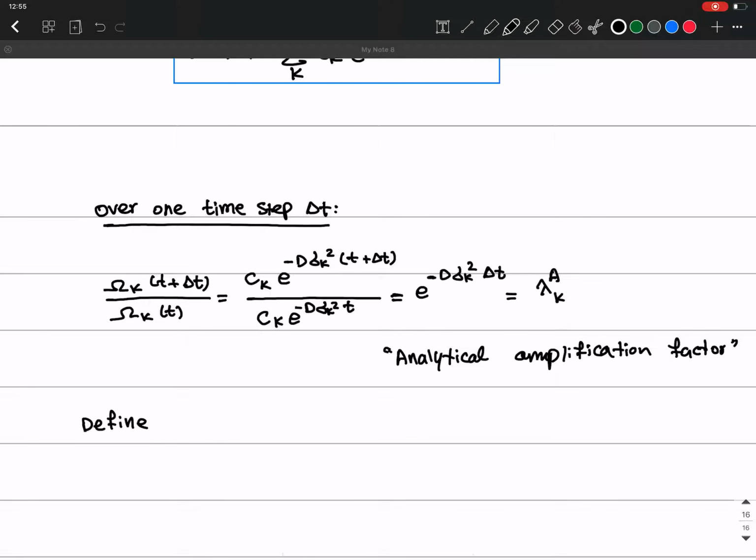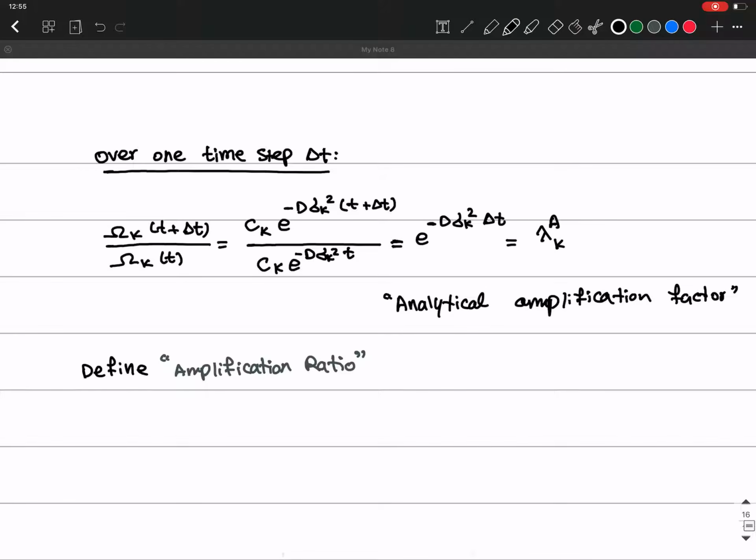So we define the amplification ratio, R_k, as lambda_k numerical, the numerical amplification factor, over lambda_k analytical, the analytical amplification factor.